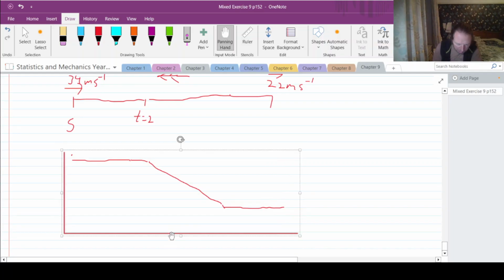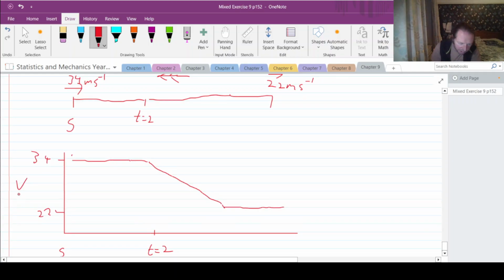It looks something like that, with this being point S, this being T equals 2, this being 34, this being 22, and this is velocity in meters a second, and this is time in seconds.